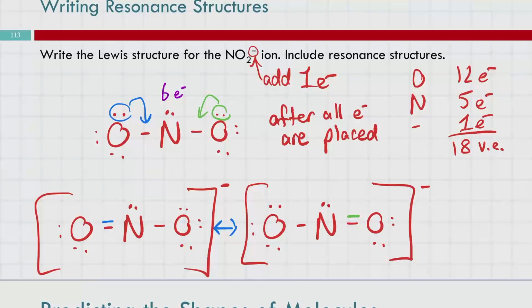Typically, you'll be given stuff that's typically just two resonance structures. You can have things that are what you might consider evil, where they've got like 4, 5, or 6 different resonance structures. Usually you only run into those if you mess up with your Lewis structure.